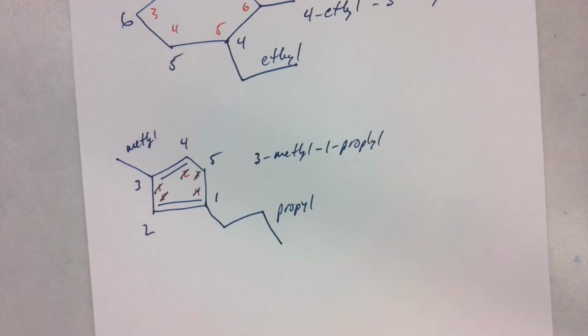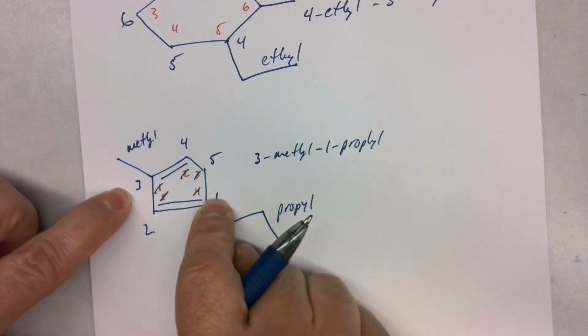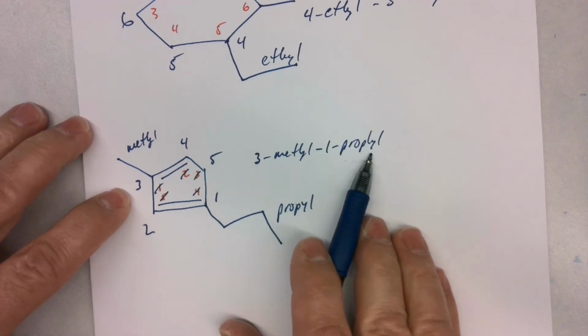Now, this is where this kind of becomes a little challenging, because now I've got 2 enes, right? So this is going to become a what? A diene? A diene, exactly. Okay? And that diene is going to happen at 1 and 3. So right here I got 3-methyl-1-propyl.